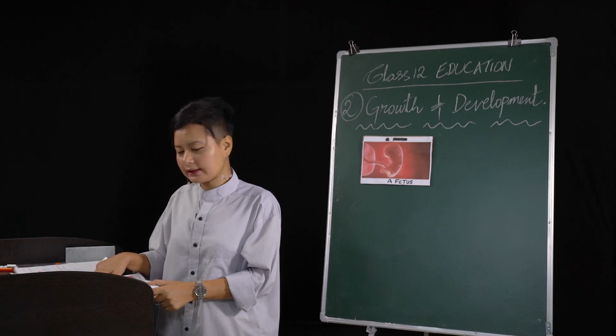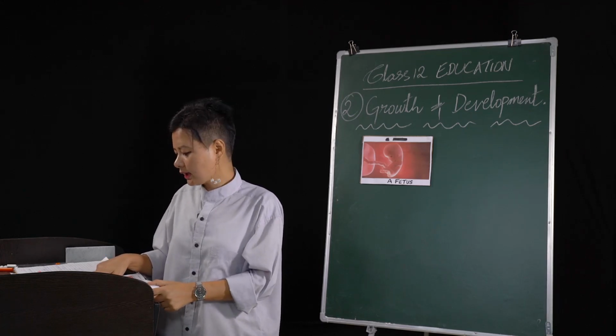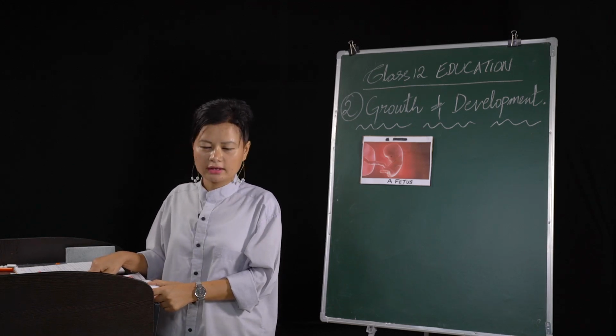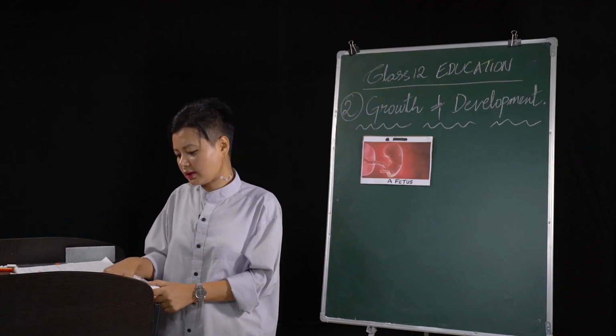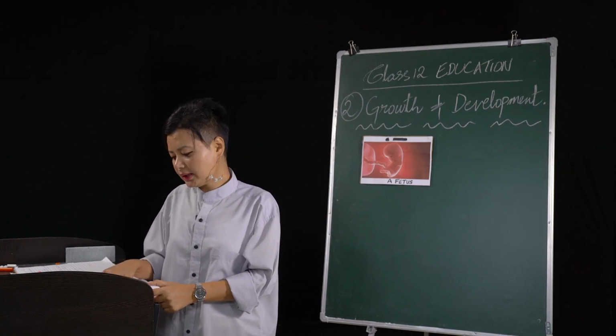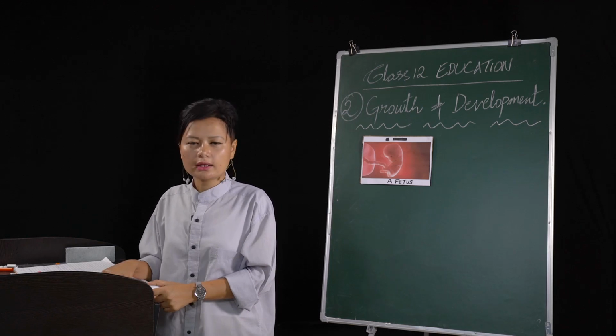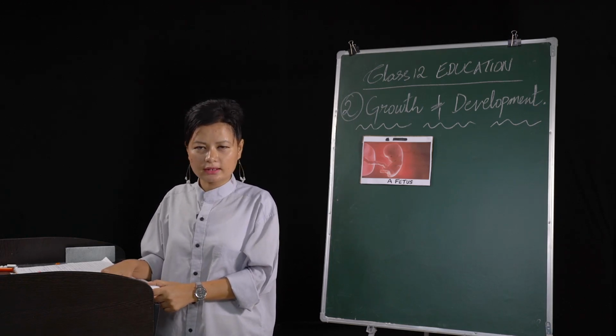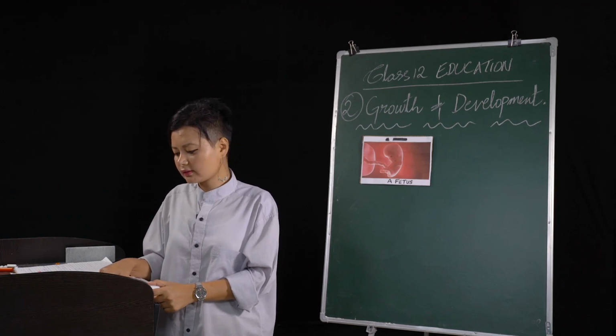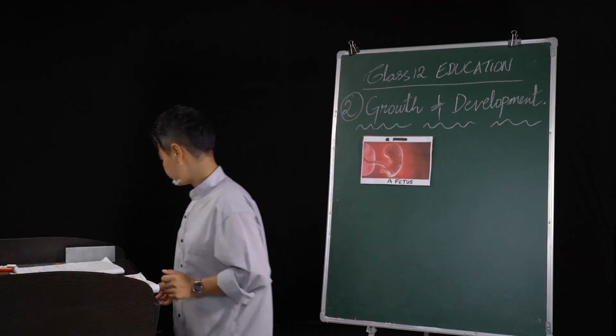Cephalocaudal, C-E-P-H-A-L-O-C-A-U-D-A-L. It will be good if you can learn the spellings also so that you will not make mistakes. Proximodistal is P-R-O-X-I-M-O and then put a dash, D-I-S-T-A-L. So that is proximodistal.